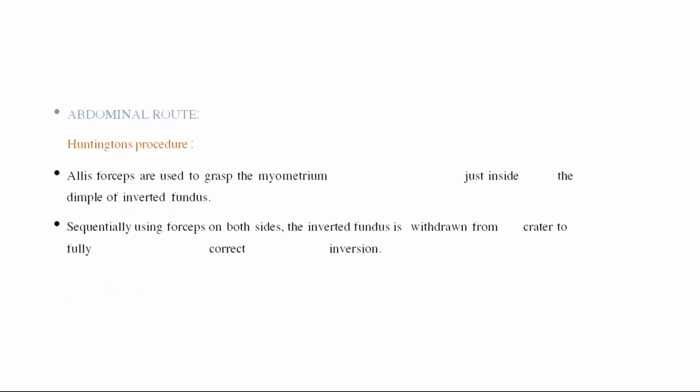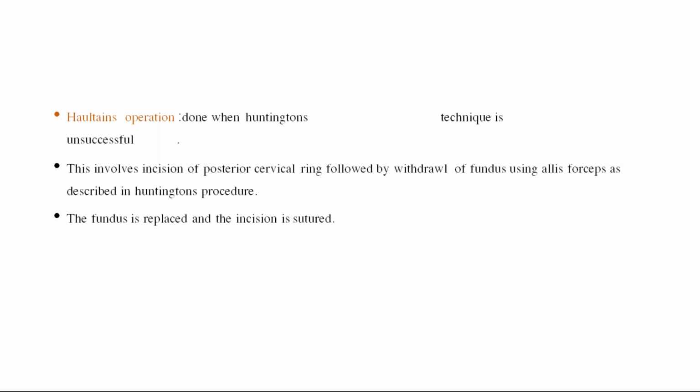In case of failure, we can go for two surgeries. Remember, the abdominal variety is known as Huntington's operation. We open the abdominal cavity. Allis forceps are used to grasp the myometrium. Wherever we see the dimple, we hold at the level of the fundus and grasp with Allis forceps, and sequentially using forceps on both sides, the inverted fundus is withdrawn up and corrected.